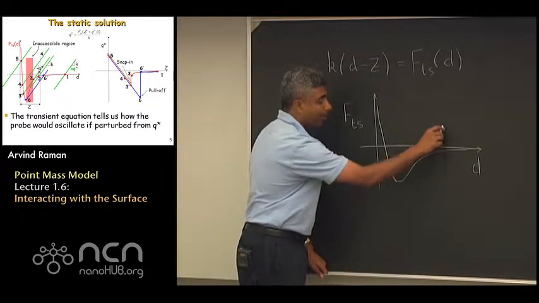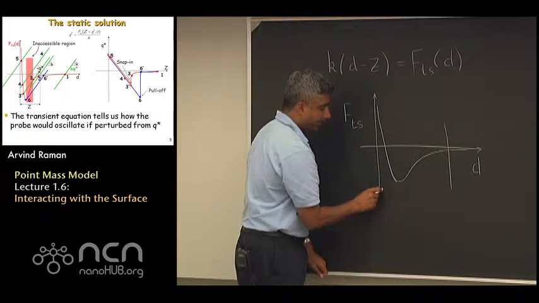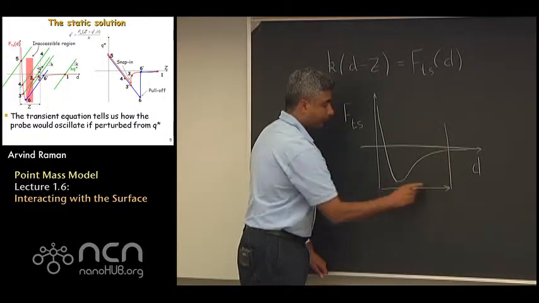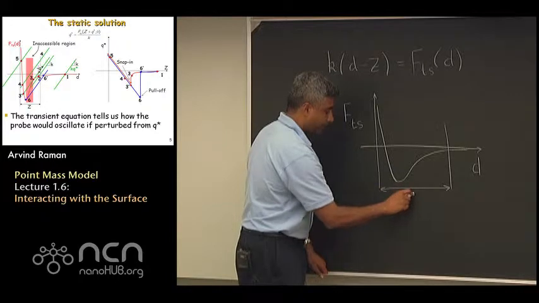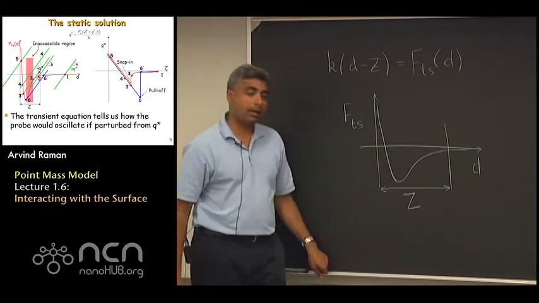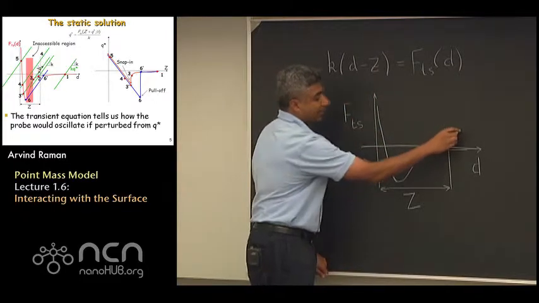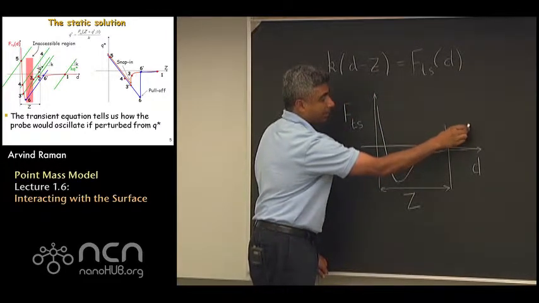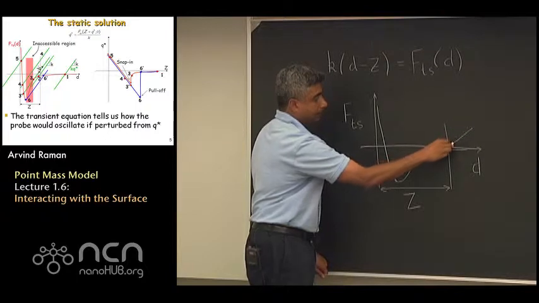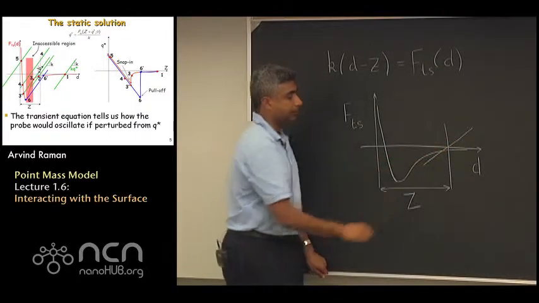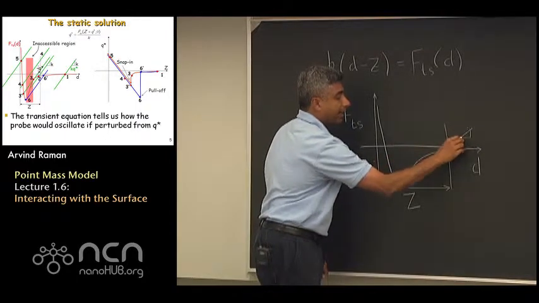So, for example, if I were to pick a value of Z, like so, this would graph as a straight line whose slope would be k.